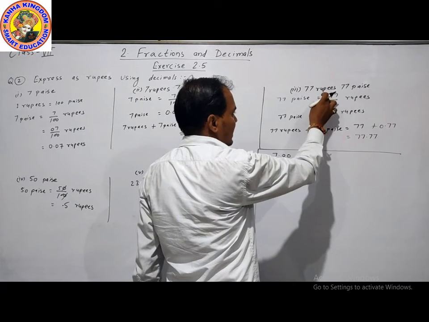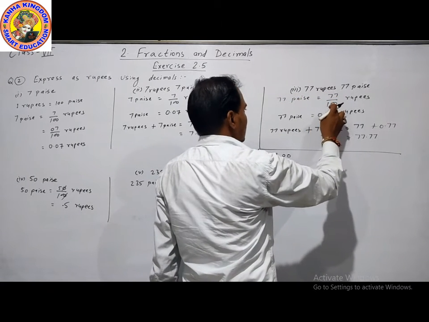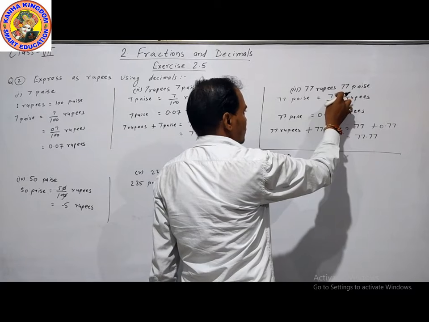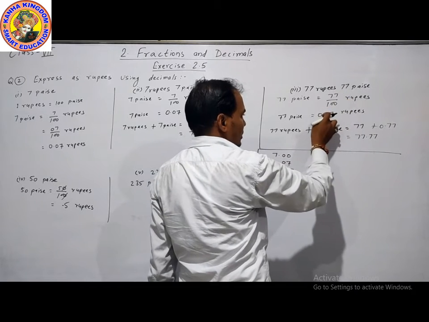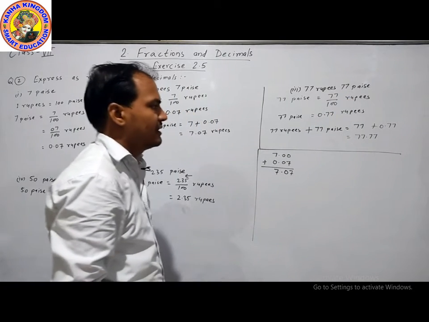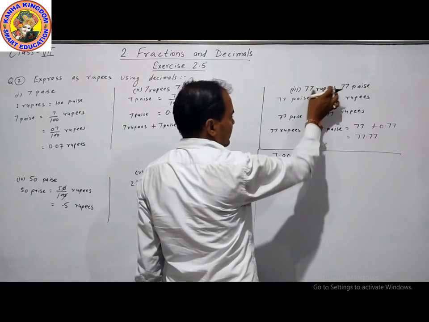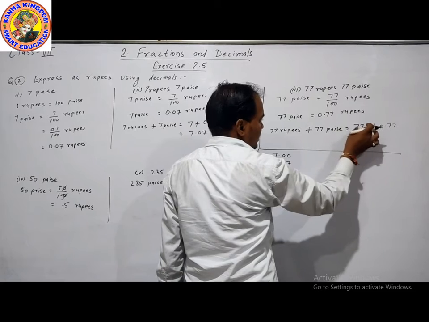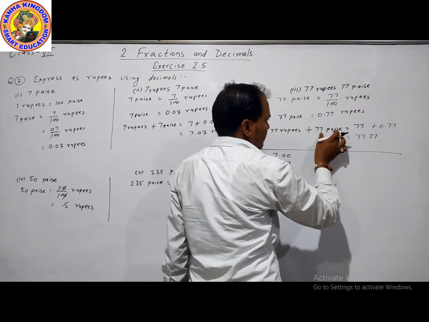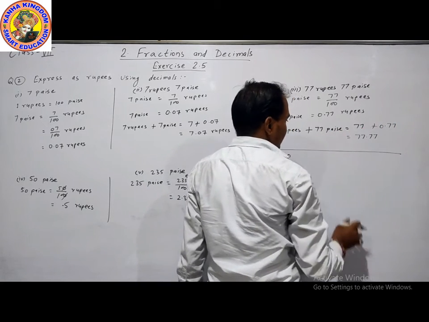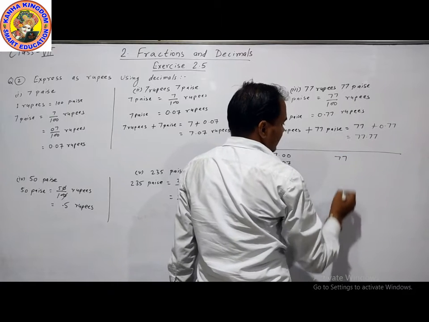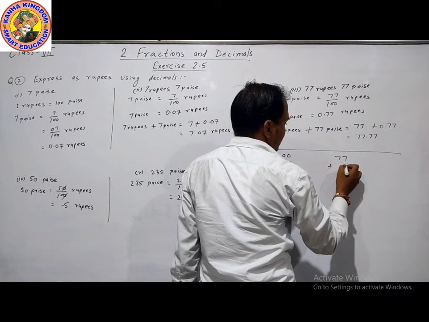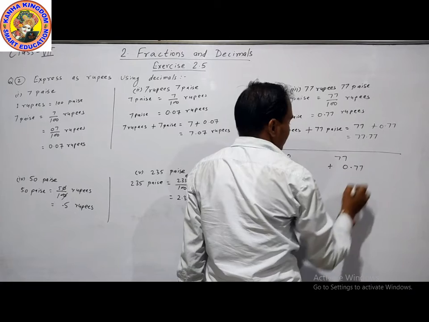In our next question, 77 rupees 77 paise. 77 paise will be converted by dividing by 100. 2 decimal points come, 1 and 2. Now this is 0.77. Now the question is 77 rupees plus 77 paise. 77 rupees is 77, 77 paise is 0.77. 77 added with 0.77.